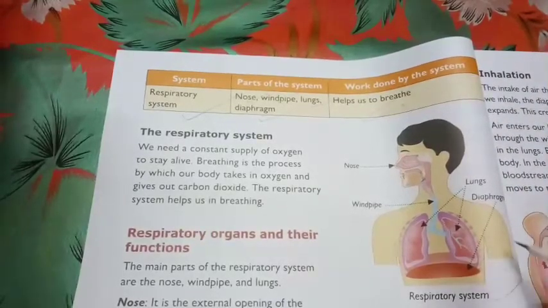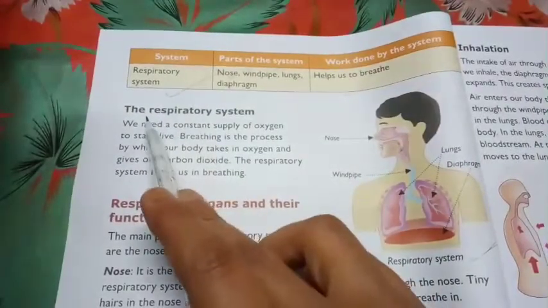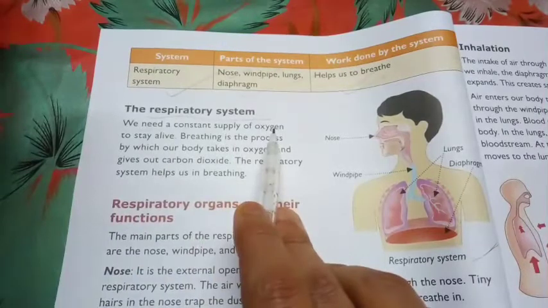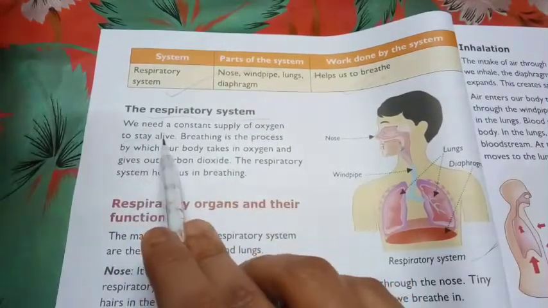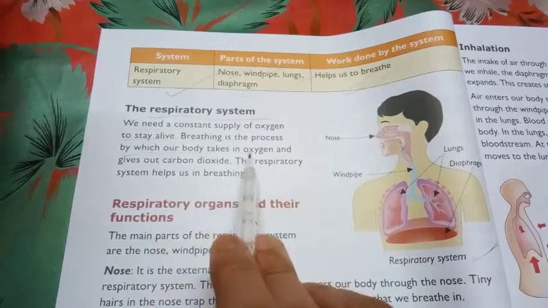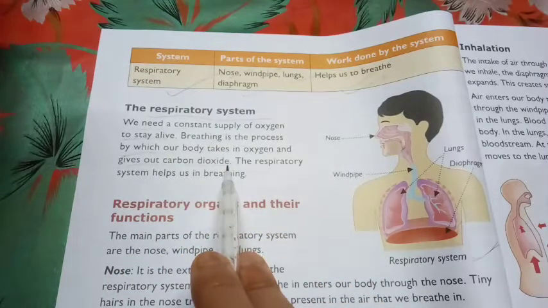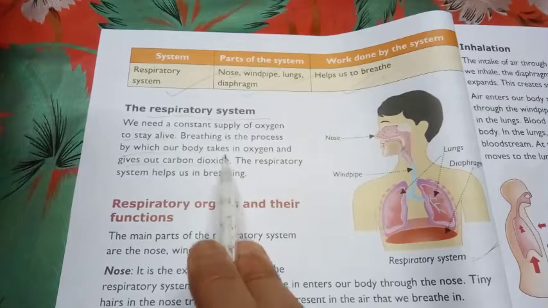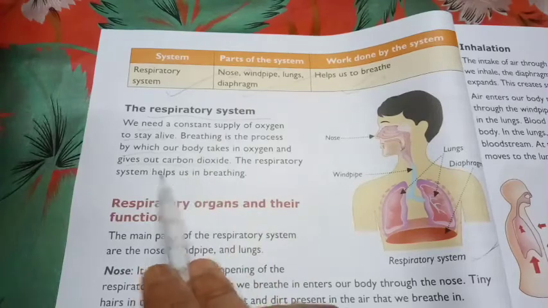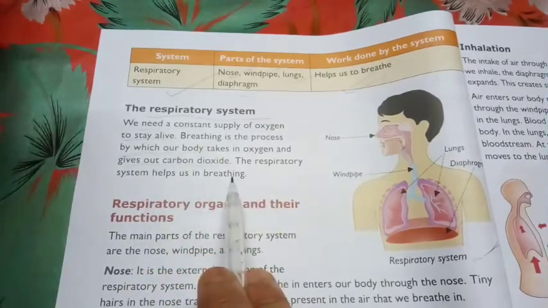This is the diagram for your respiratory system. In the respiratory system, we need a constant supply of oxygen to stay alive. Breathing is the process by which our body takes in oxygen and gives out carbon dioxide. So our body takes in oxygen and releases carbon dioxide. The respiratory system helps in breathing.